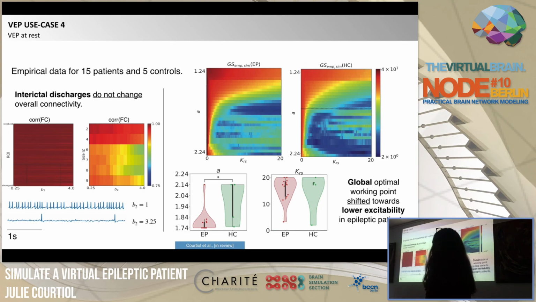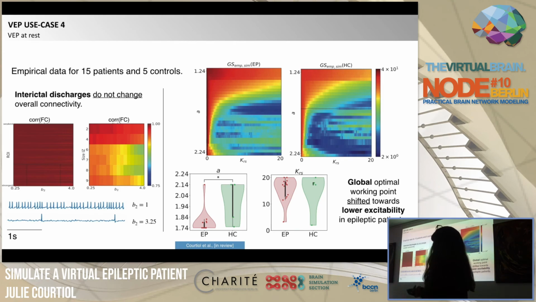I didn't show the figures, but they did other explorations. Only the global excitability of the brain is changing in the epileptic patients. The interictal spikes do not change the overall connectivity.